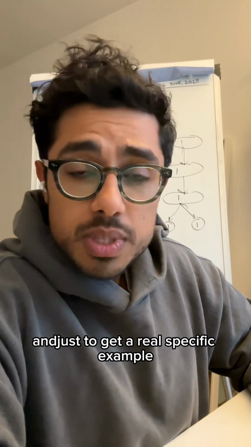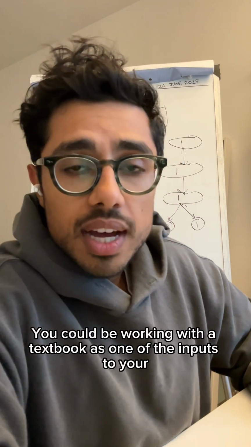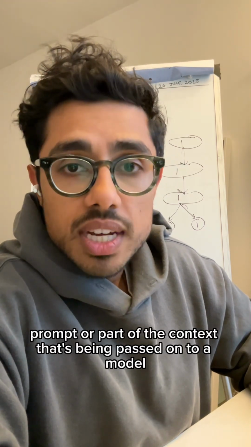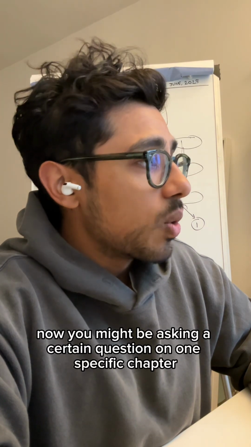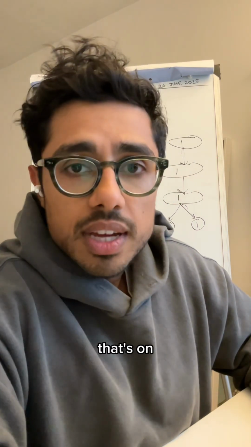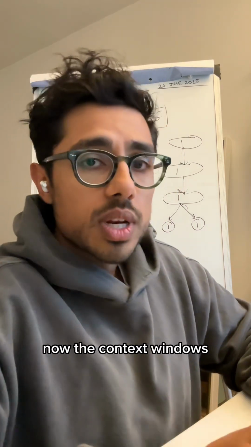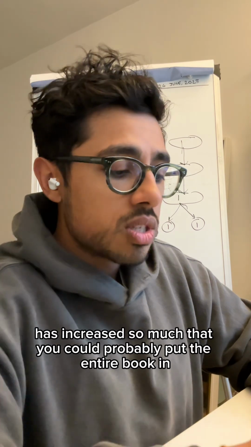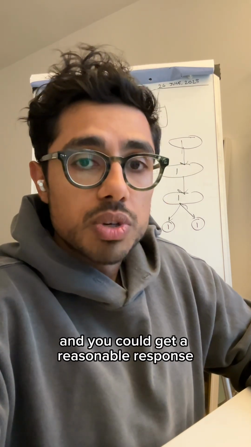And just to get a real specific example, you could be working with a textbook as one of the inputs to your prompt, or part of the context that's being passed on to a model. Now, you might be asking a certain question on one specific chapter that's on thermodynamics, as an example. The context windows, or the amount of stuff that you can chuck at a model, have increased so much that you could probably put the entire book in and you could get a reasonable response.